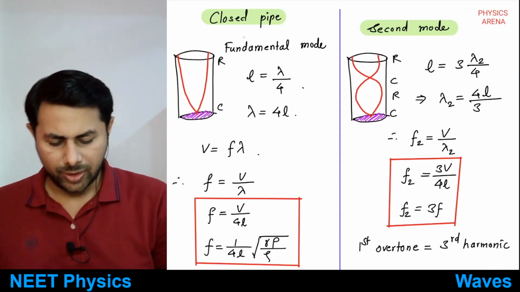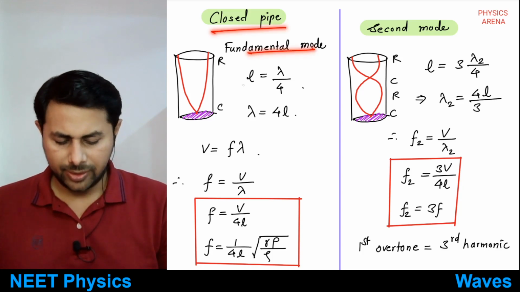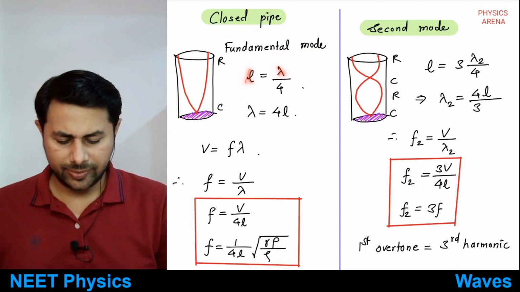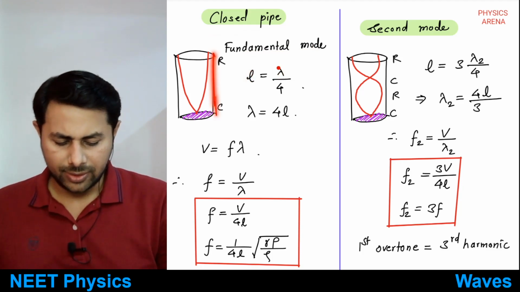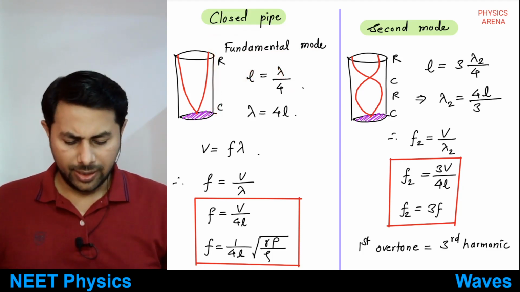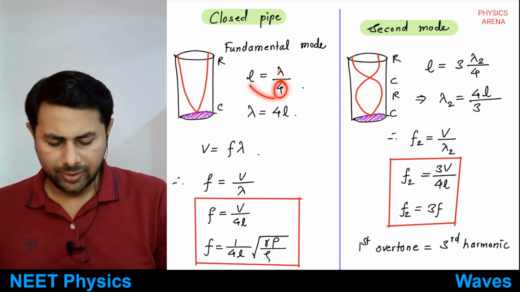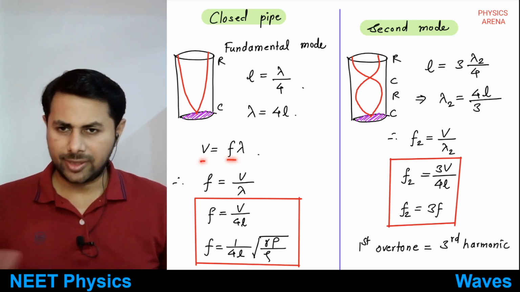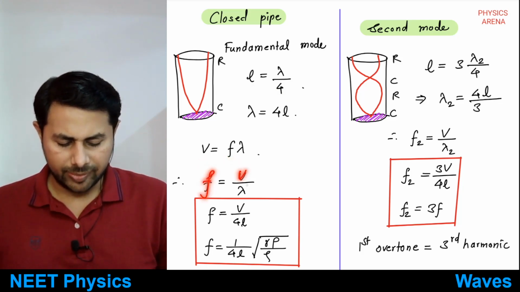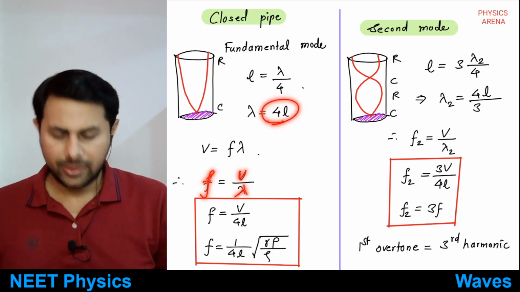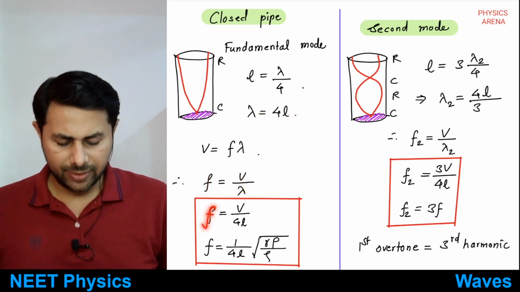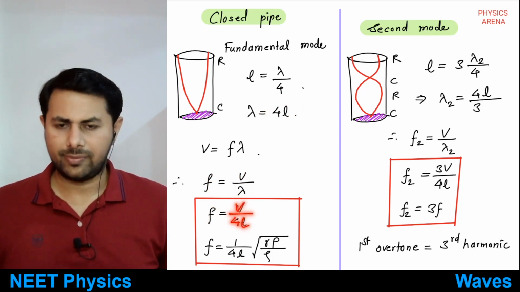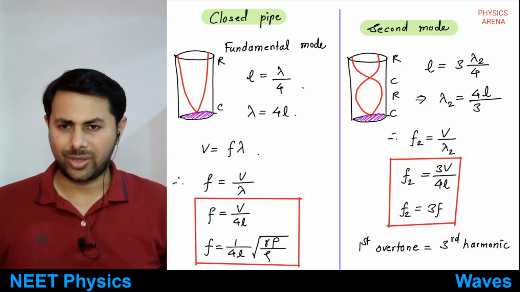Therefore lambda is equal to 4L, and we can make use of v = f times lambda. So f is equal to v by lambda, and lambda is 4L. Therefore the frequency of the fundamental mode is just v upon 4L.